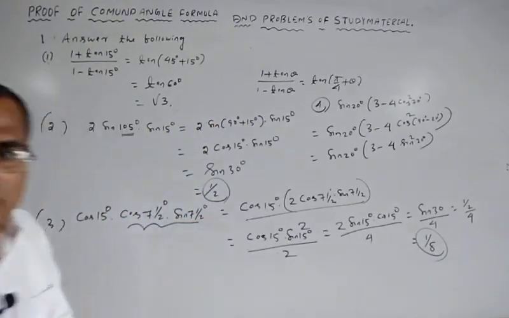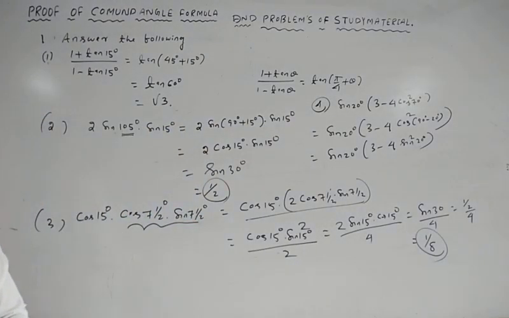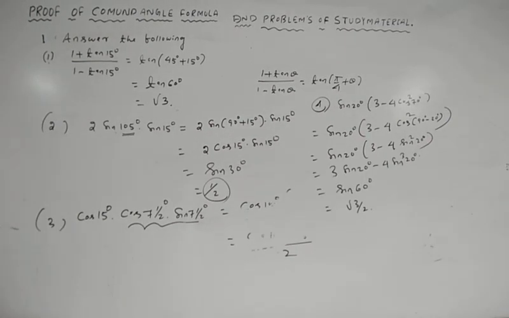Now multiply this: 3 sin 20 degree minus 4 sin cube 20 degree. And you know 3 sin A minus 4 sin cube A is sin 3A, so sin 3 into 20.